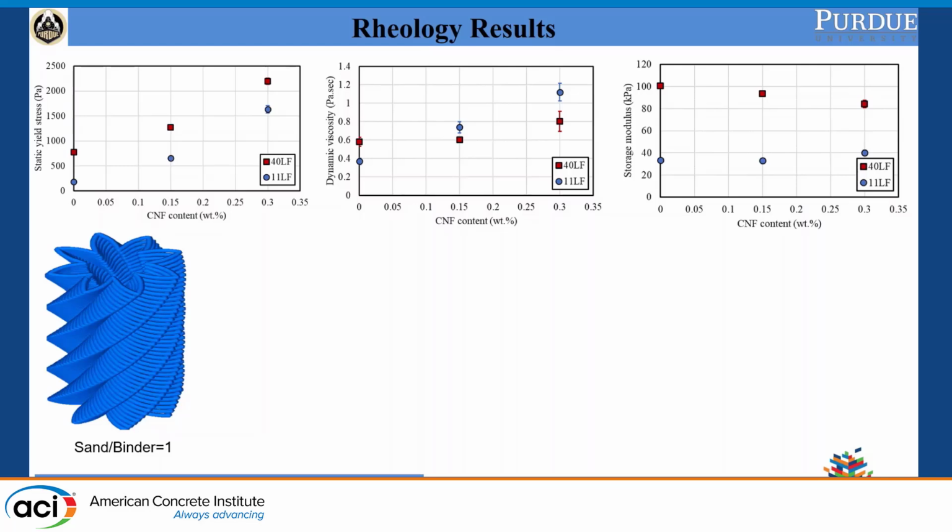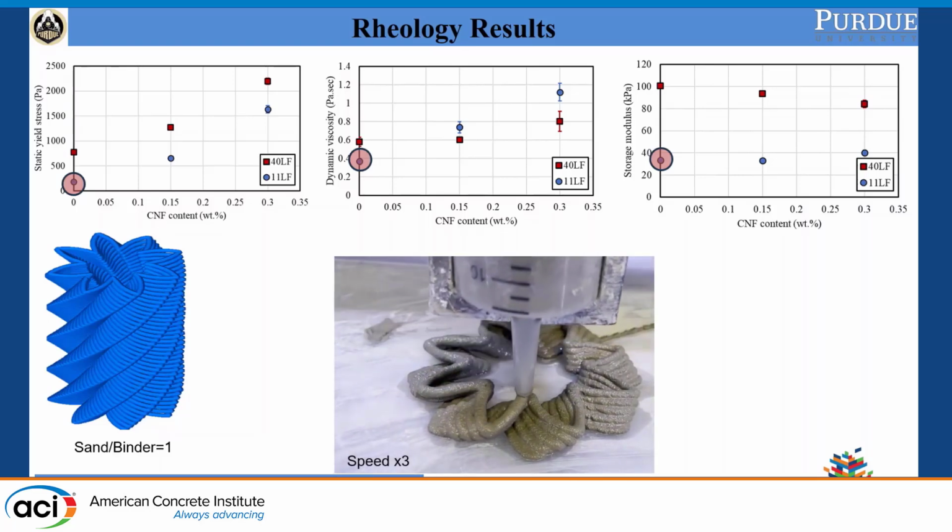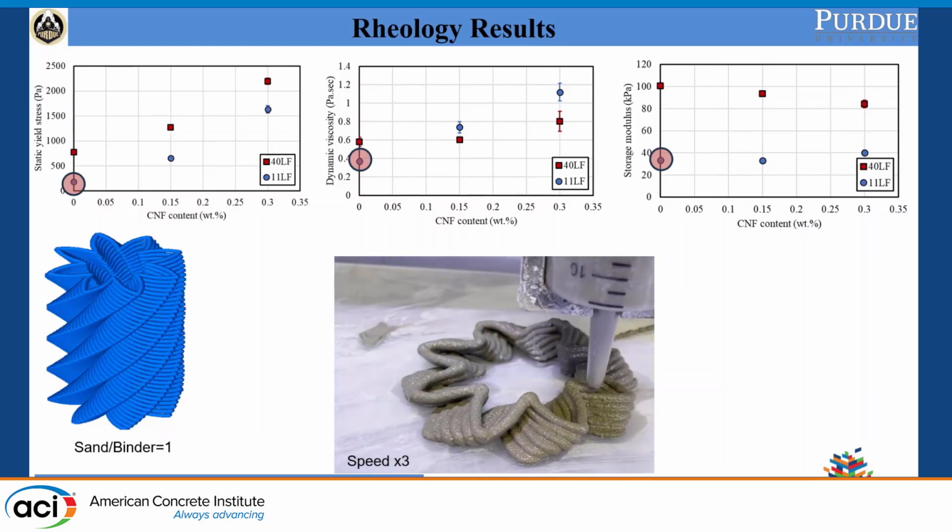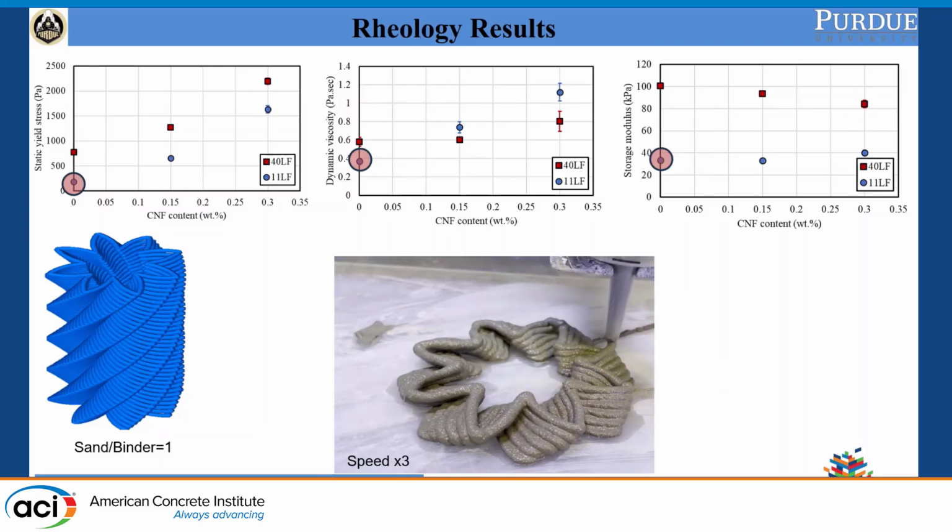We scaled the mixture to mortar, with a sand to binder ratio of 1. If we look at the first one, with only cement, water, and sand, without any additives, without any CNF, we can see that it cannot print. It has no buildability. It just fails as it prints.